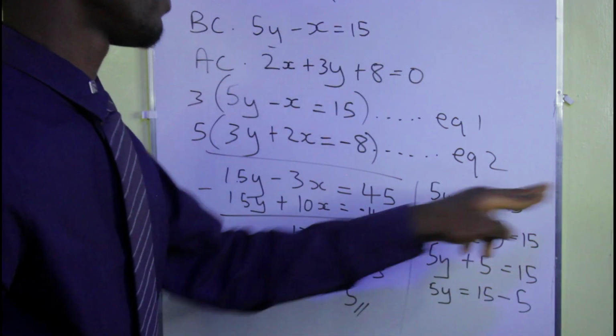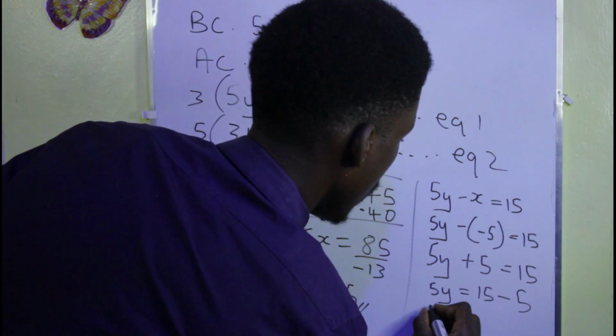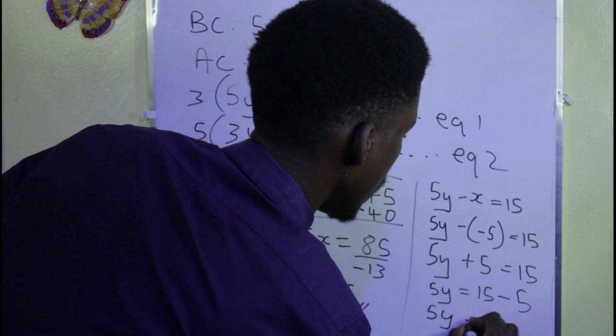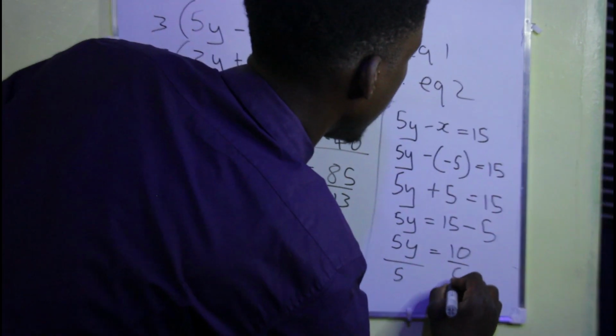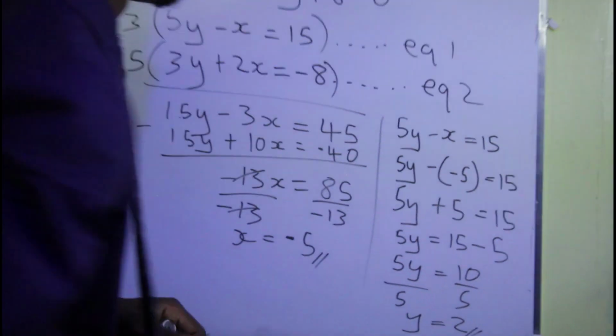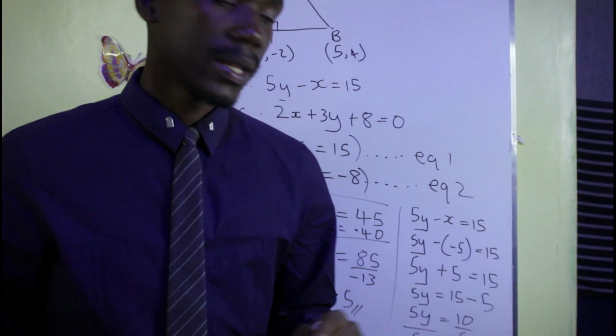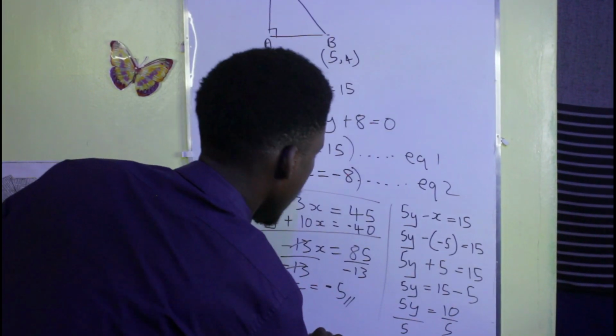Let's take this 5 to the other side. It becomes 15 minus 5. Now 5y equals to 10, over 5, over 5. Now our y equals to 2. Now the coordinates of point C equals to negative.